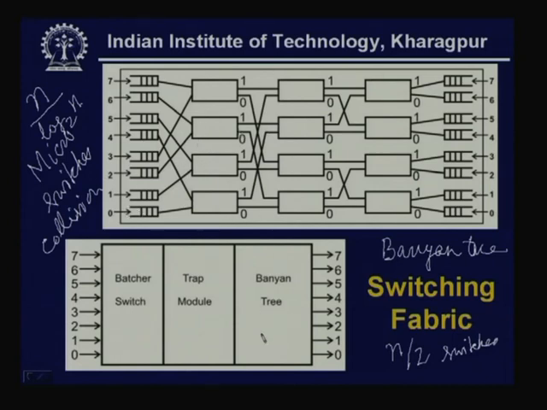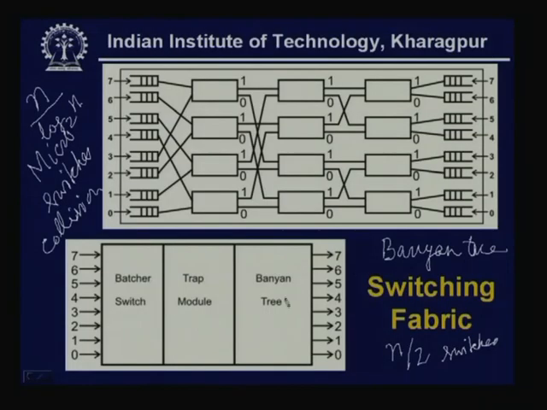That internal collision can be avoided by using what is known as the Bacher-Banyan switch. So, what is that? It combines 3 different modules. One is the Bacher switch. Whatever input it receives, it does the reshuffling, in terms of the output port, the output link to which it is going.